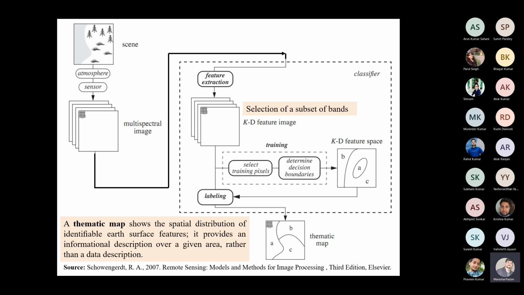So once training is done, from the image, one by one, a pixel is selected. If we have selected 3 spectral bands, a pixel is represented by a column vector, that is 1 cross 3.